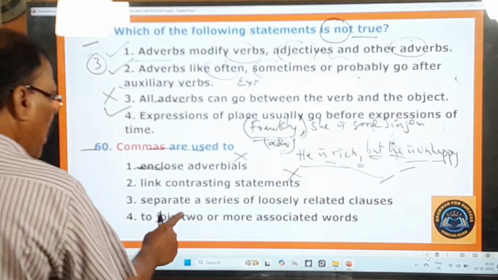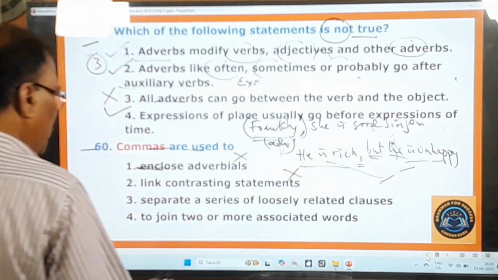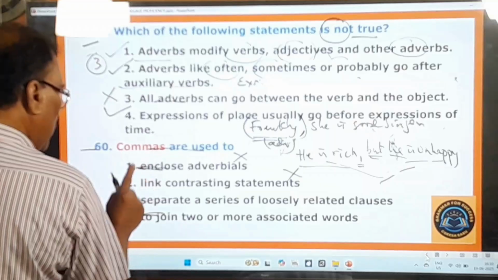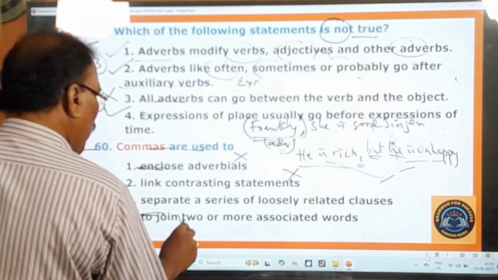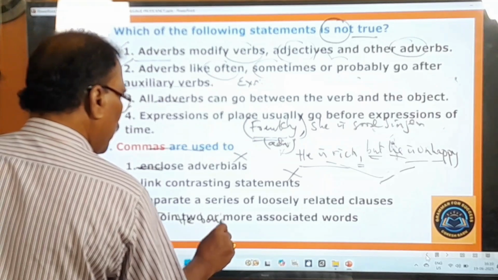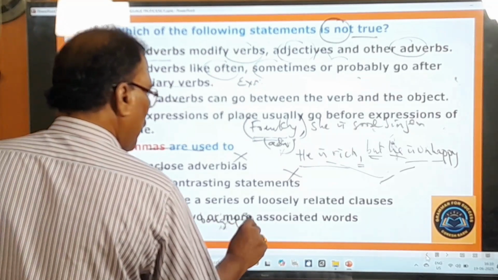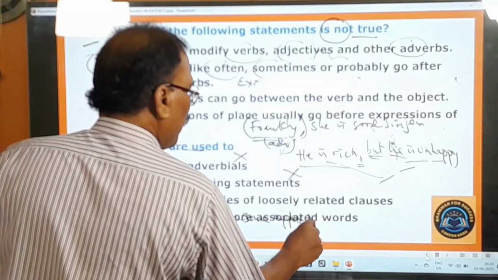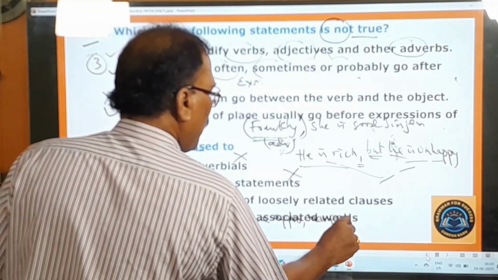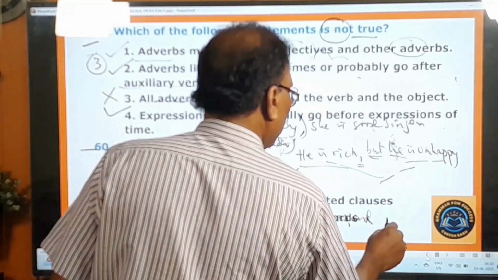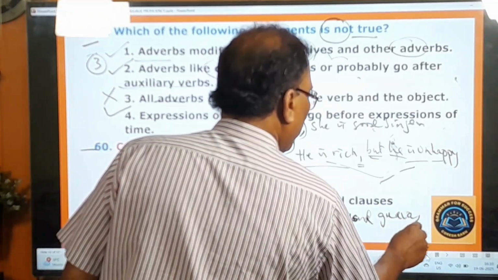And here, to join two or more associated words. So here enclose, here link, here join. So here is: he bought some apples, mangoes, and guavas.